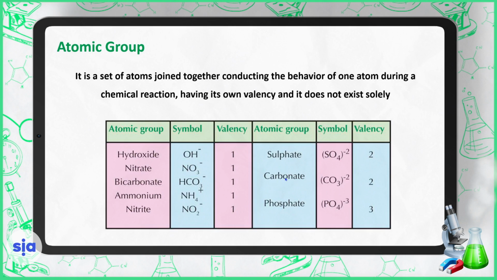So we do not act with the sulfate group in a chemical reaction as the sulfur alone and the oxygen alone. No, it's the sulfate group, it's SO4. The carbonate group also, the CO3. The hydroxide group, it's the OH. And the valency is for the whole group, not for one element.